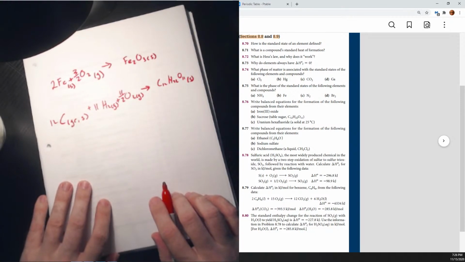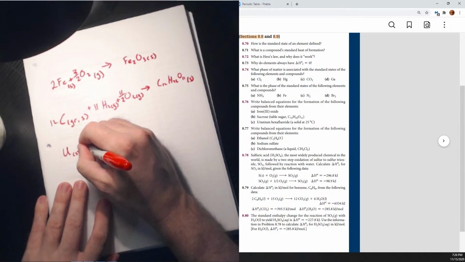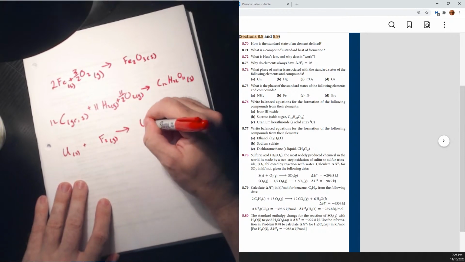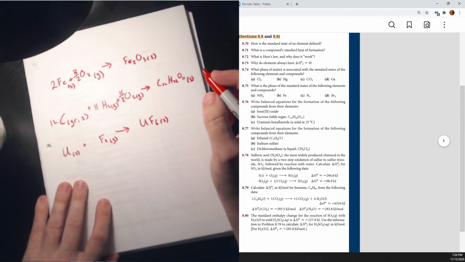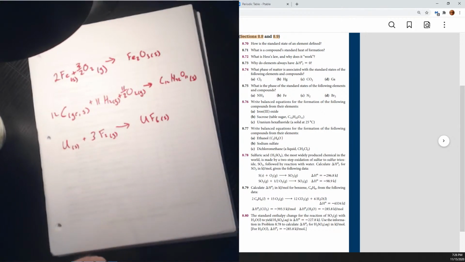Uranium hexafluoride. So we're combining uranium, a solid, plus fluorine, a gas, to make UF6 solid. So 3 of those. Okay. So formation reactions aren't particularly challenging.